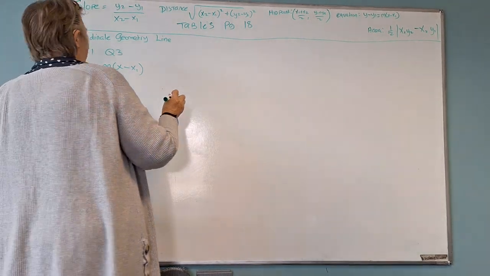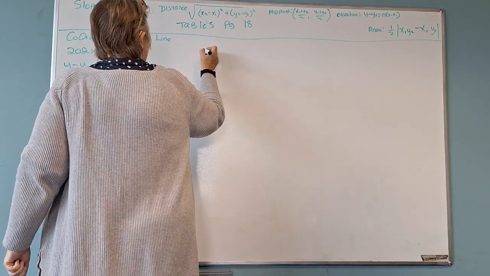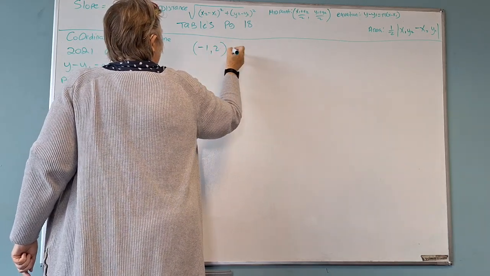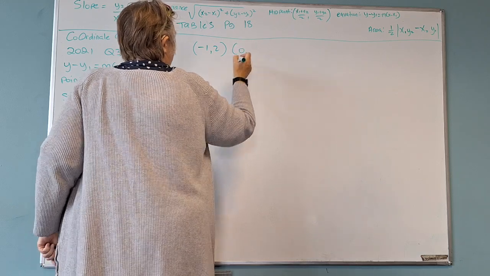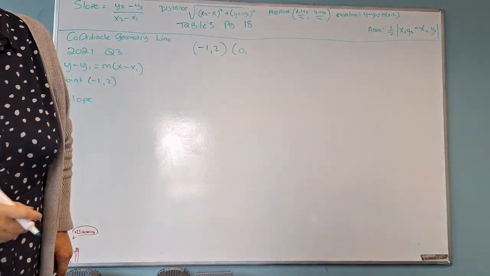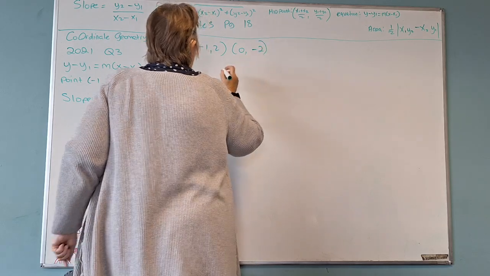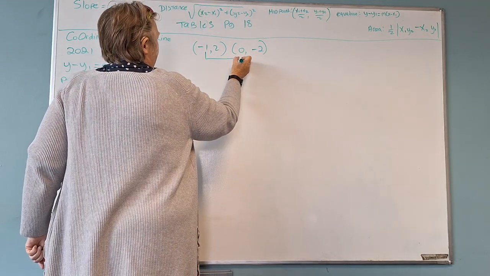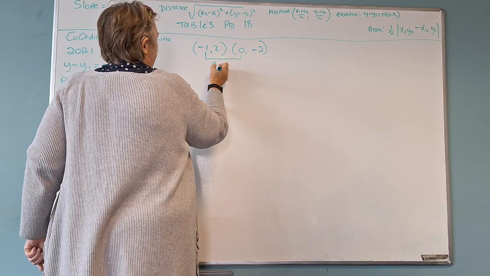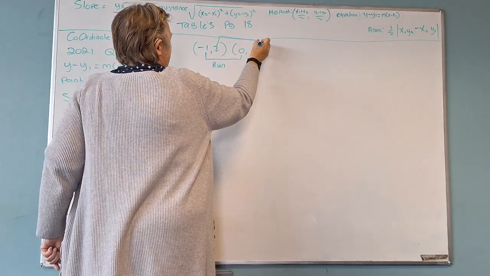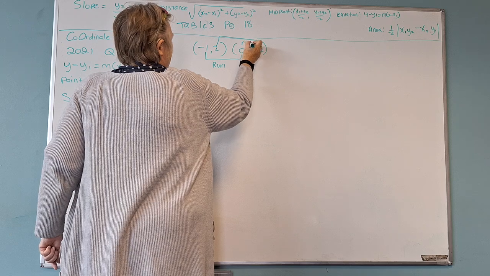So the slope is the rise over the run. So your points are minus 1, 2, and 0, minus 2. Okay. So that is your run going along the x, and the second number is your rise.